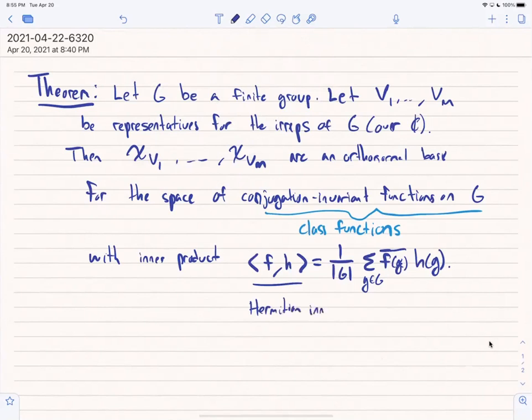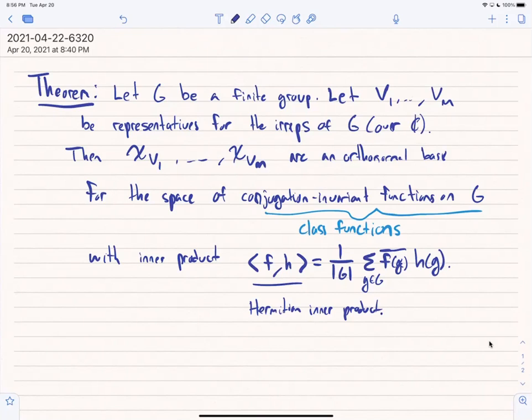It's easy to check, it's just the standard Hermitian inner product in a certain basis. You can think about what that basis is. This is a Hermitian inner product which is conjugate linear in one variable. Depending on your conventions, you might take it to be conjugate linear in the first variable or the second.